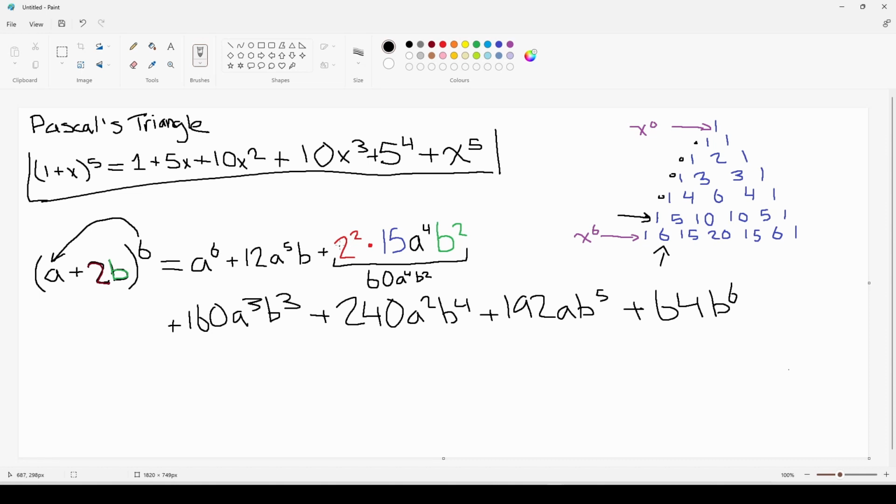And the reason that this 2 is to the second is because when we move our power over, we need to make sure that it's being distributed and that both parts of this term are both getting that power. Otherwise, we wouldn't get the right number. It would be a little bit smaller, and that's not what we want. So that leaves us with 60a to the 4th b squared.